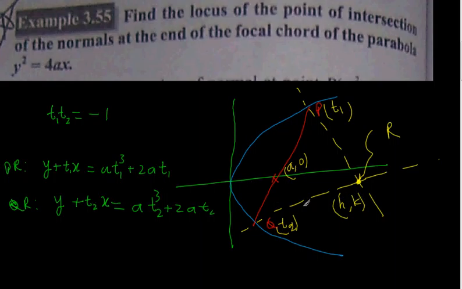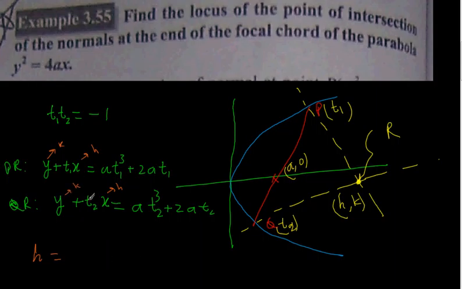Let's assume I have put this point here: instead of y we put K, instead of x we put H, and here also, and then solve these equations. You put K, H here, similarly H and K over here, and find the values of H and K.